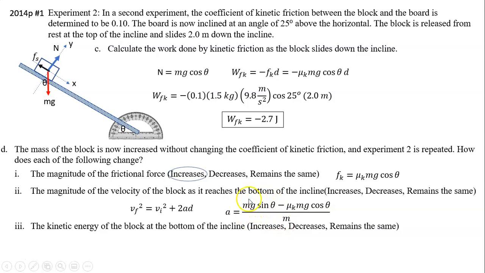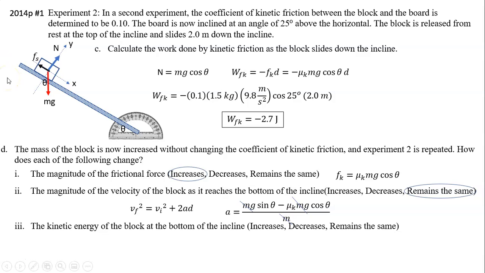Net force is mg sine theta, that's the component of gravity parallel to the incline, minus force of friction. And as you can see in this equation, m cancels out. So a does not depend on mass. If a doesn't depend on mass, no other quantity depends on mass. So vf doesn't depend on mass. So therefore, the velocity remains the same.